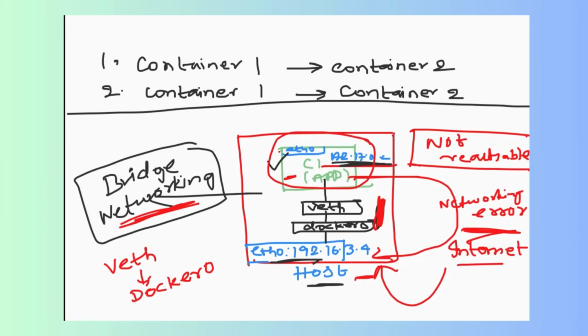That means there is no point in installing your applications inside containers. So that's why the out of the box network that you get whenever you install containers is bridge networking. So by default, the Docker network is the bridge network.